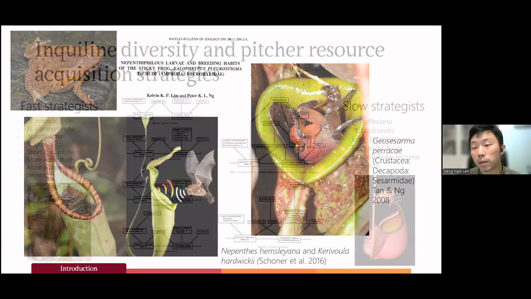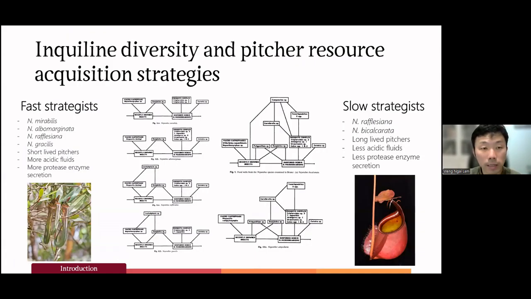I mentioned just now that inquilines are extremely diverse, but the diversity is predictable in the sense that generally you would find a large diversity of species in long-lived pitchers, which have less acidic fluids. And actually, if you test the enzyme concentration in these pitchers, the protease enzymes are also secreted in much lower concentrations as compared to these species.